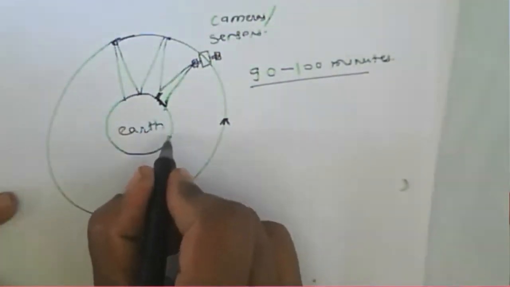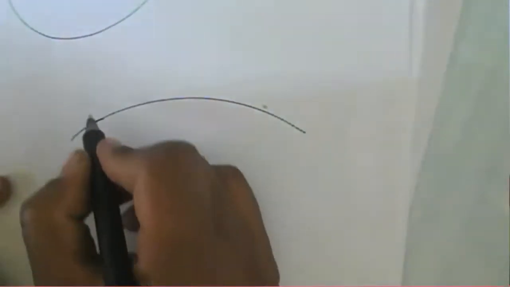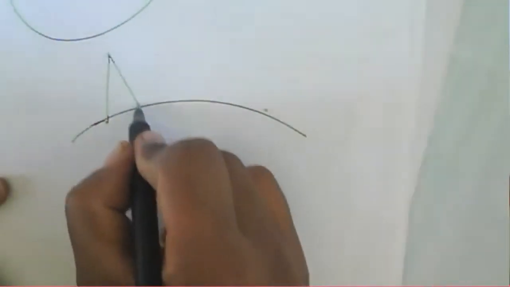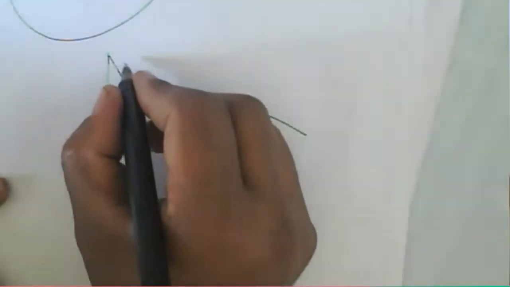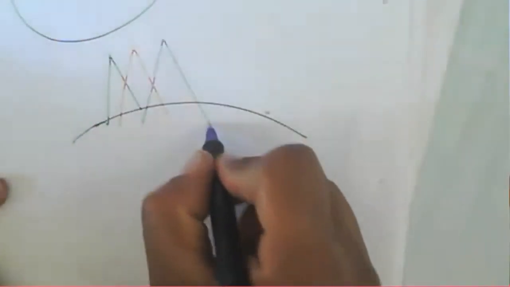Suppose this is your flat surface now. The satellite will capture this area in one rotation, and in another rotation, this will be captured. In another duration, it will capture likewise.